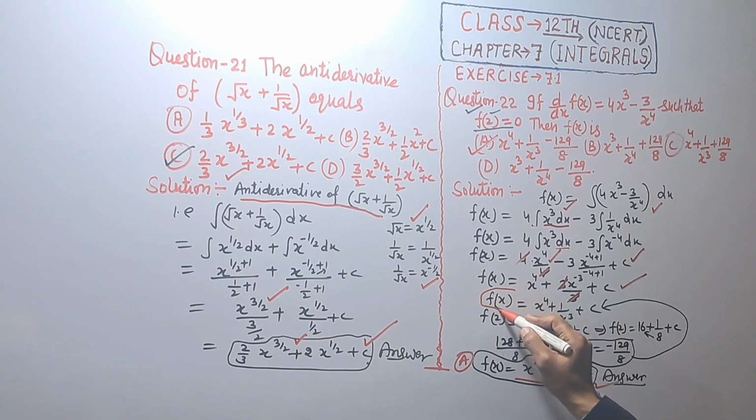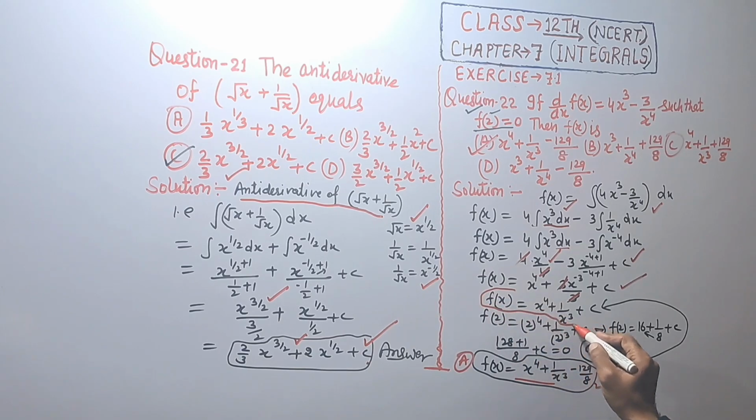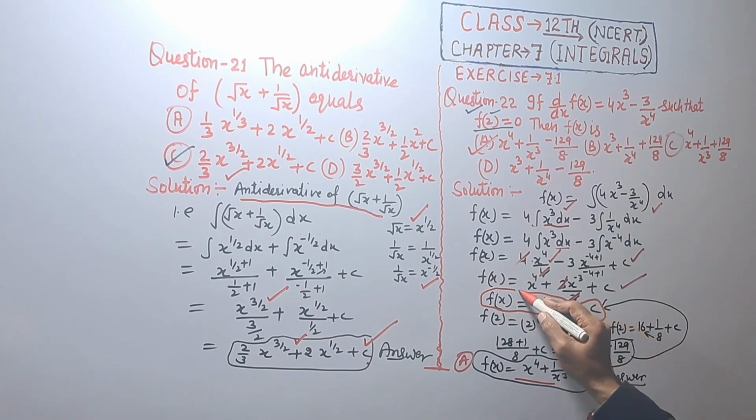So we get f(x) is equal to x4 plus 1 upon x cube plus c.